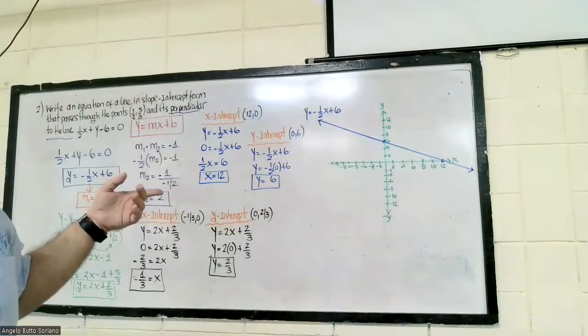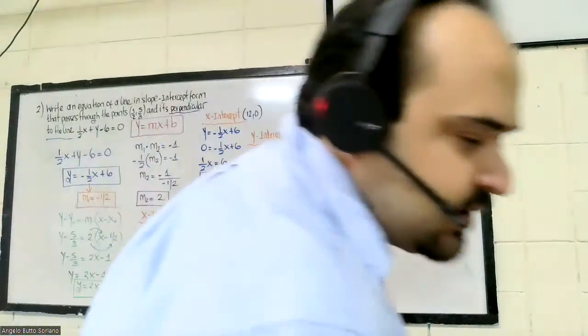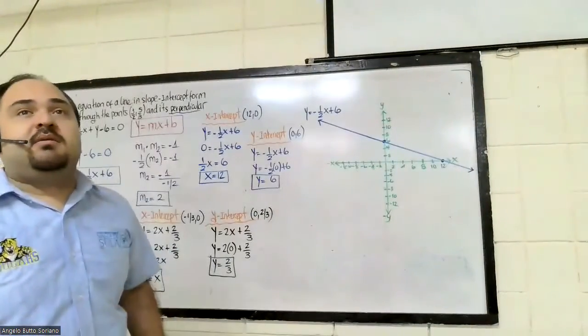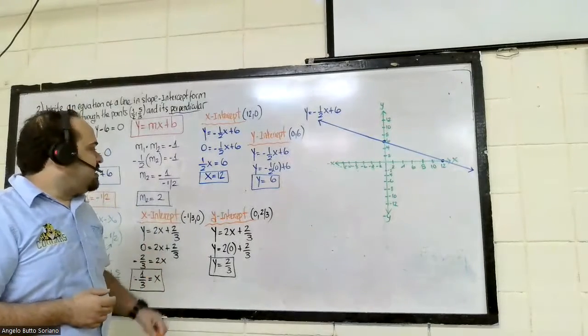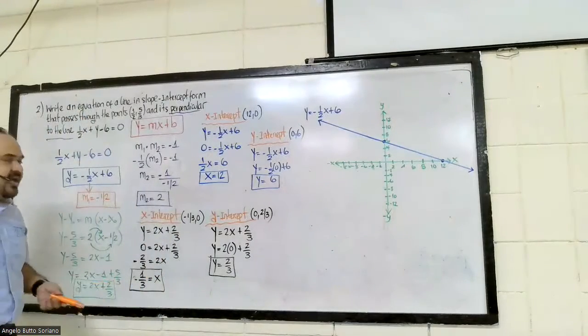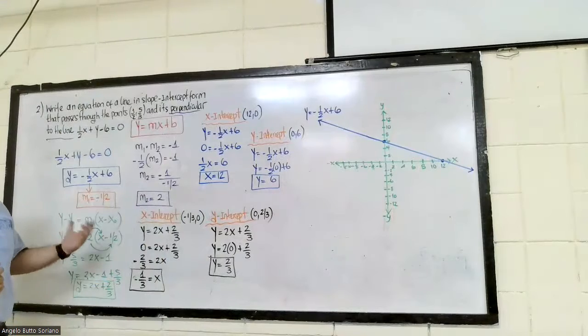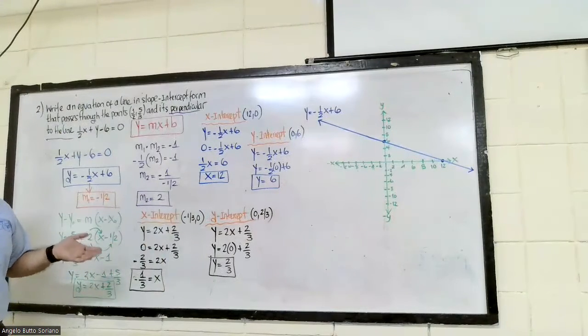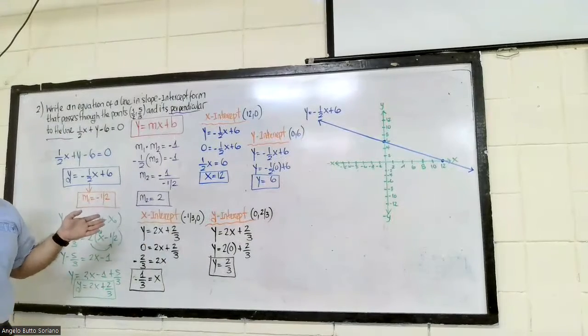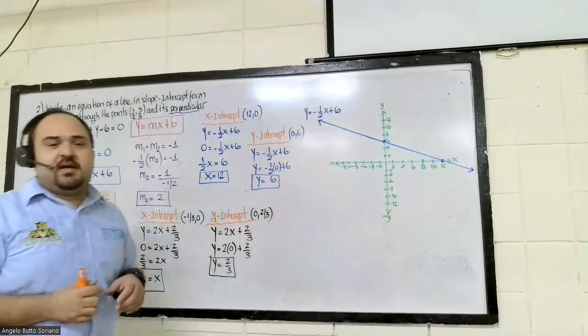I used the blue one, now I'm going to use the orange one. In the orange one, we have negative 1/3. What does that mean? Negative 1/3 means negative 0.333. Please give me a hand with the calculator.